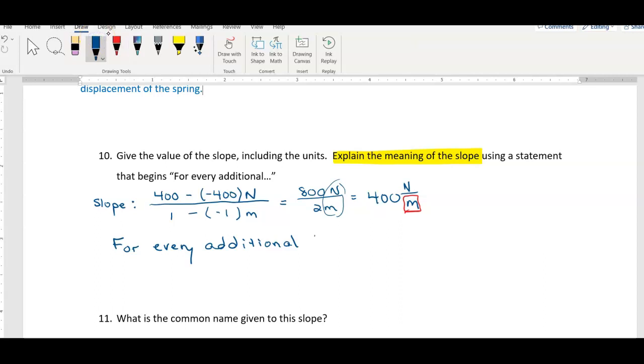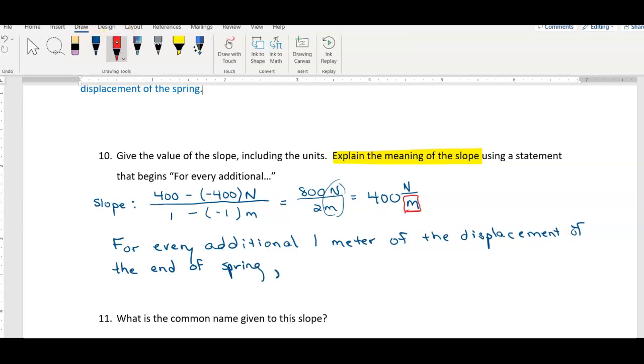For every additional 1 meter of the displacement of the end of the spring, okay, my first phrase is always explaining a 1 unit change of the independent variable, and I want to name that variable.